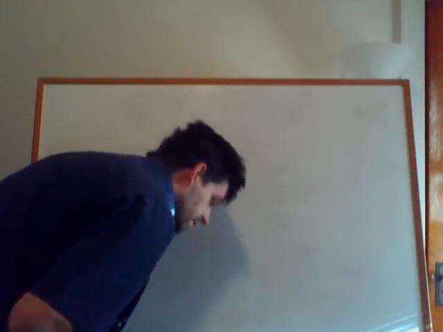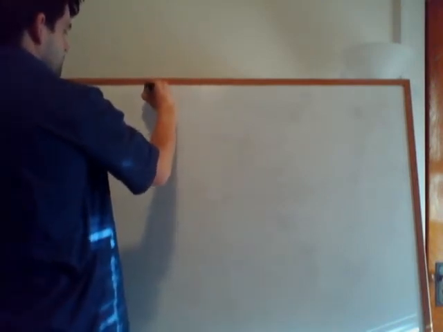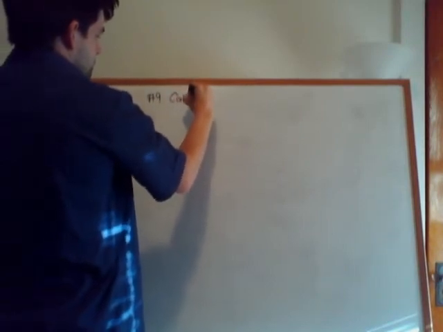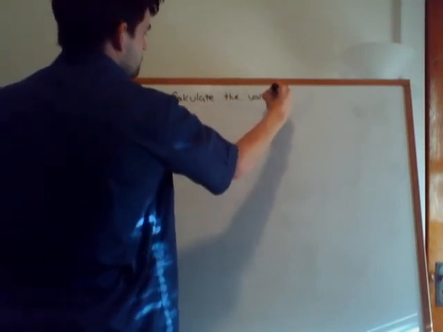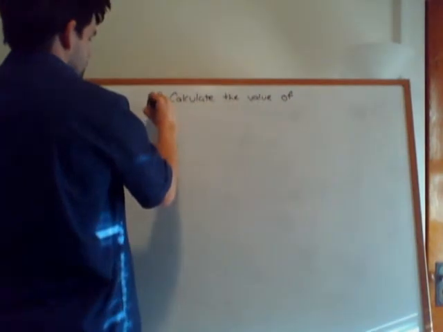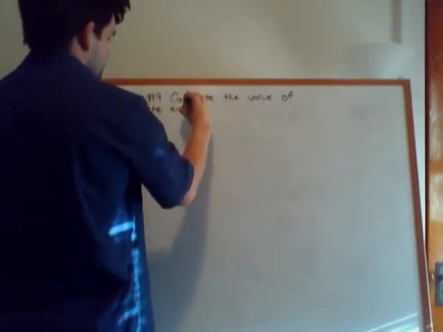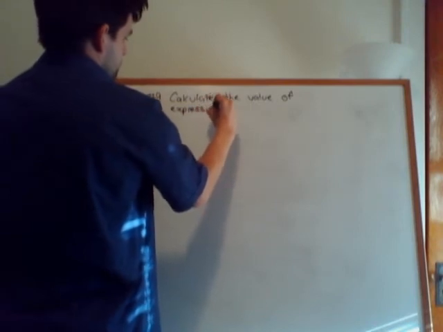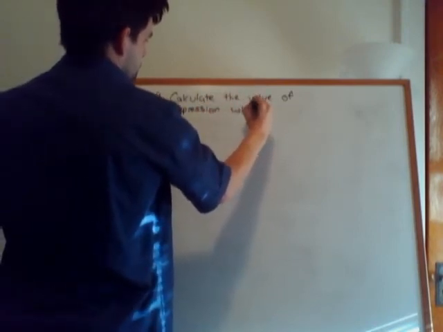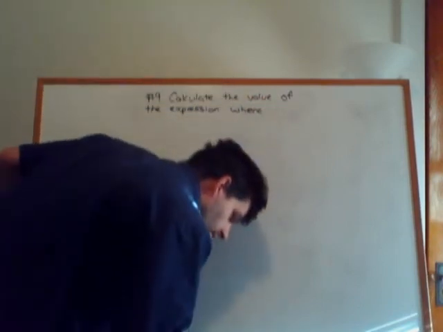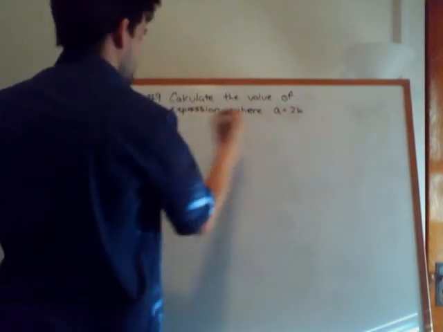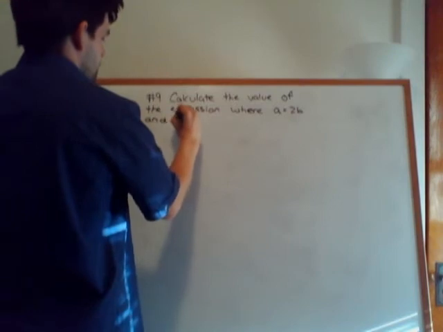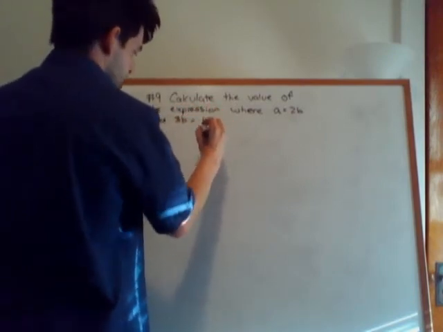Alright, so question number 9 says calculate the value of the expression where A equals 2B and 3B equals 6.